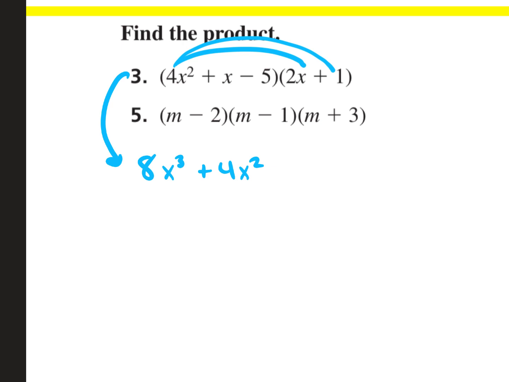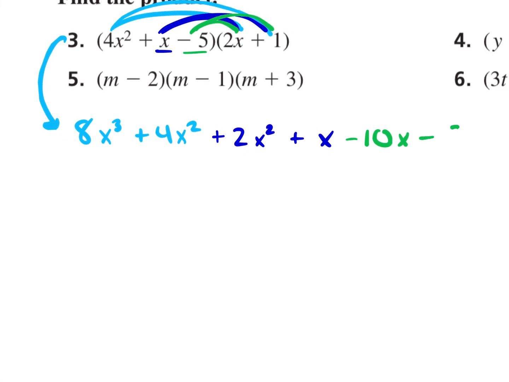Then we can move on to our second term, x. What is x times 2x? 2x squared. What's x times 1? X. And we can move on to the -5. What's -5 times 2x? -10x. And -5 times 1? -5.